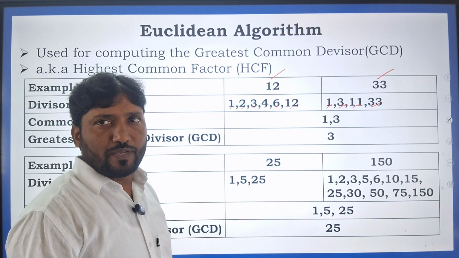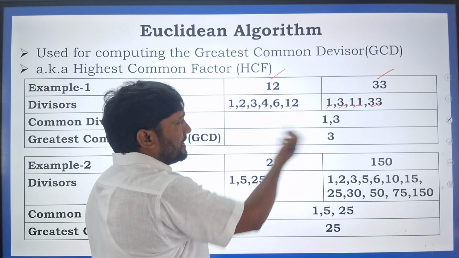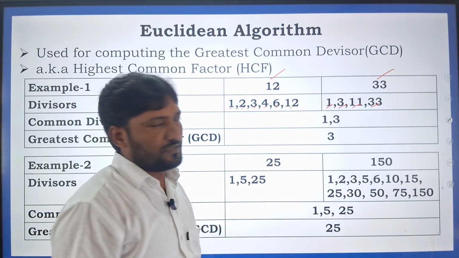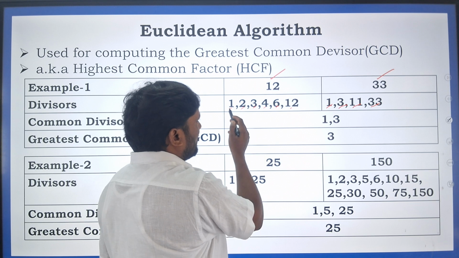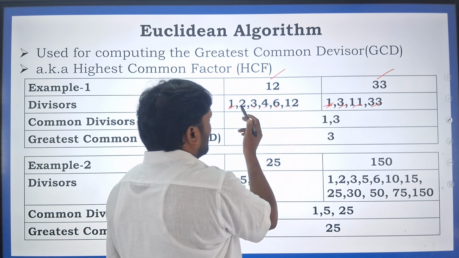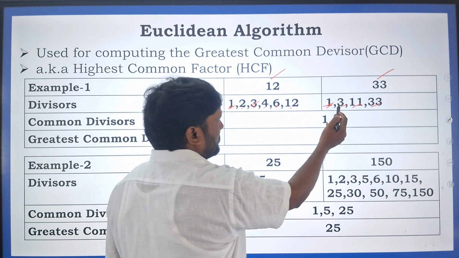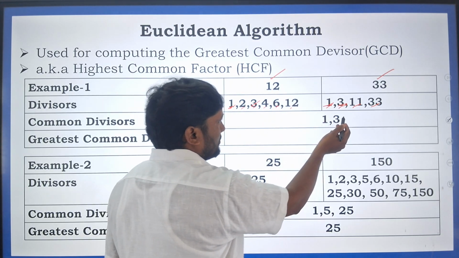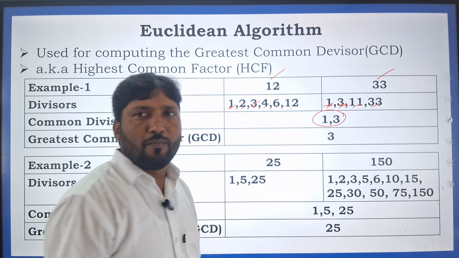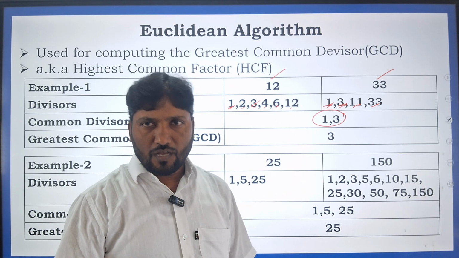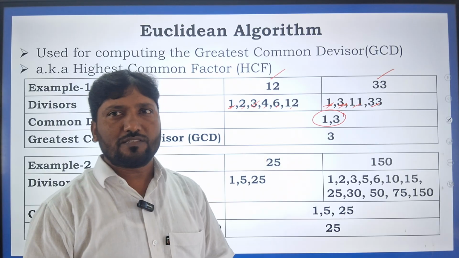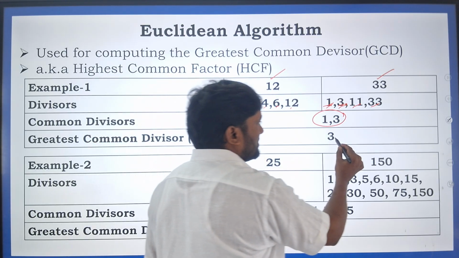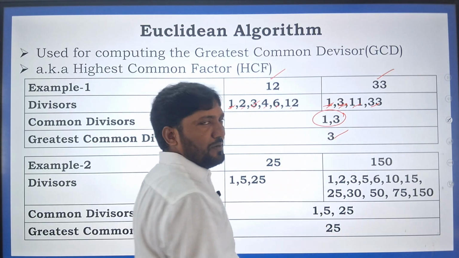Now the third step: what are the common divisors for these two numbers? 1, yes; 2, no; 3, yes; 11, no; 33, no. So we have only two common divisors for these two numbers, 1 and 3. Among these, the biggest number becomes the GCD of 12 and 33.